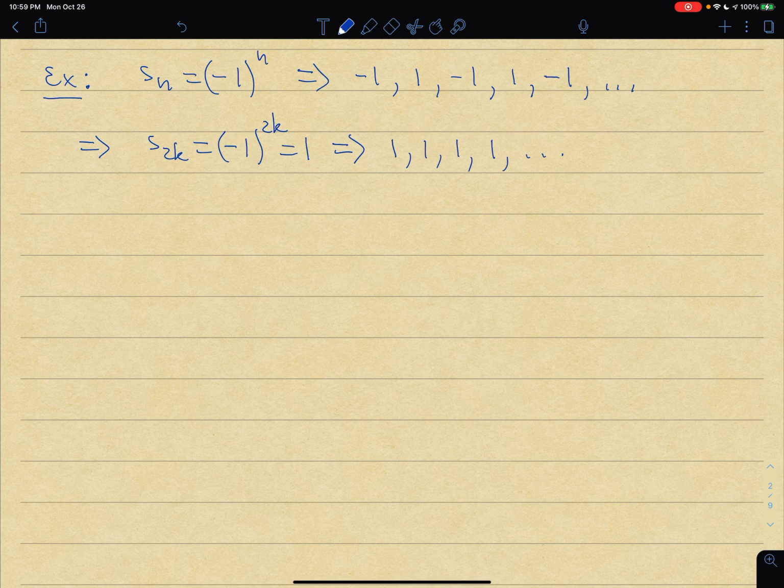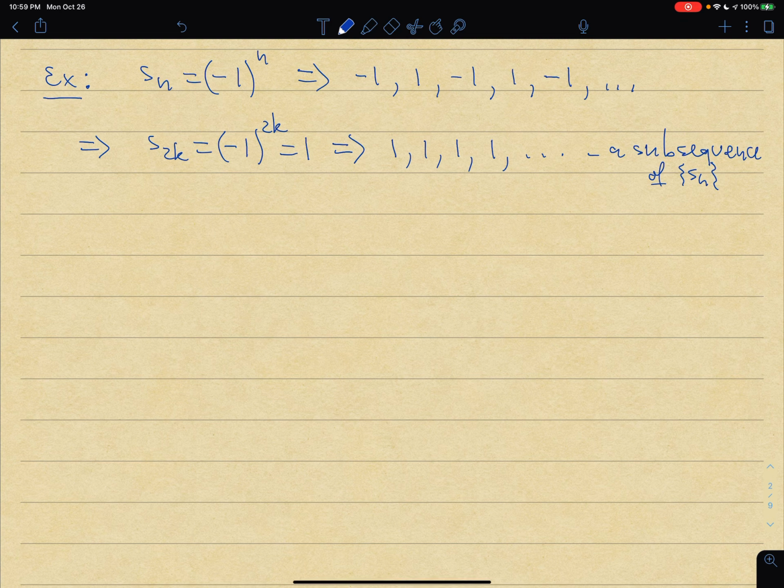It will be just a sequence of ones, which is obvious from here, because if I choose every even element, I'm just going to see 1, then the next one, then 1, and so on. So this is a subsequence of S_n.